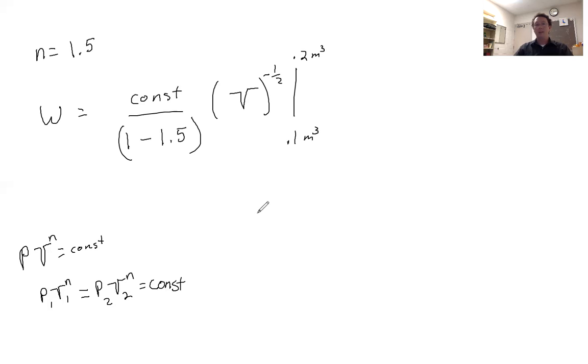So I know that P1 is equal to 3 atmospheres. 1 atmosphere is pretty close to 100,000, so this is pretty much 300,000 Pascal. And therefore my constant is going to be P1 times V1 to the n.